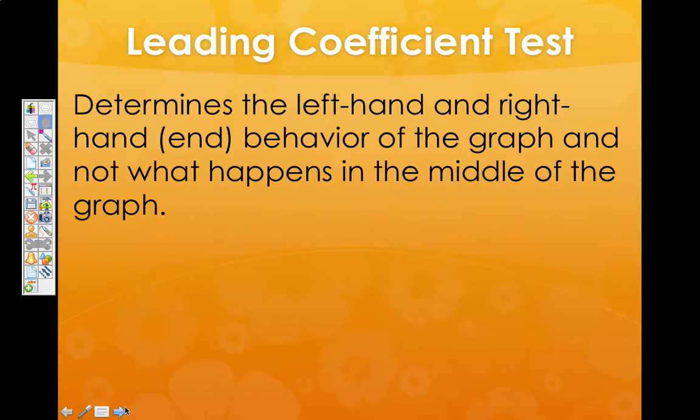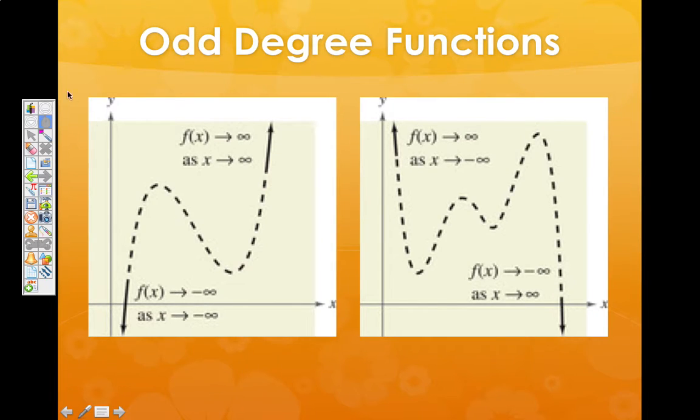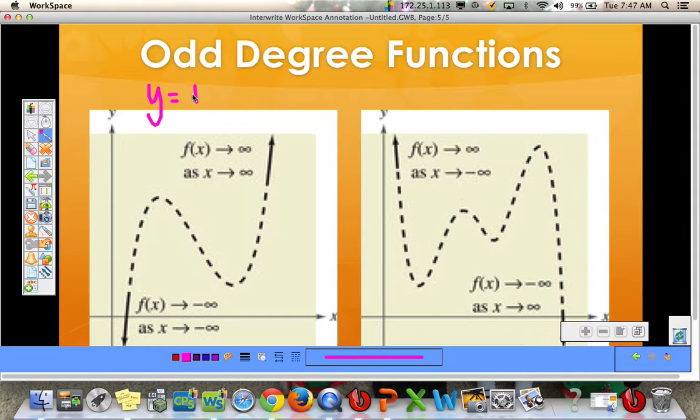So odd functions have opposite end behavior. Right here, if you have a lead coefficient that's positive, then it starts down and it goes up. If you have a lead coefficient that's negative, so this is again odd, it starts up, but then it goes down. So here's what it means. As x approaches infinity, as it goes to the right, our graph goes up.